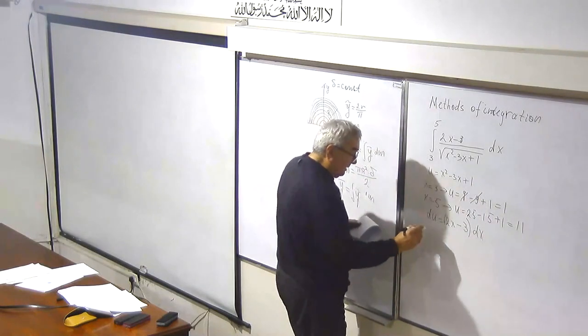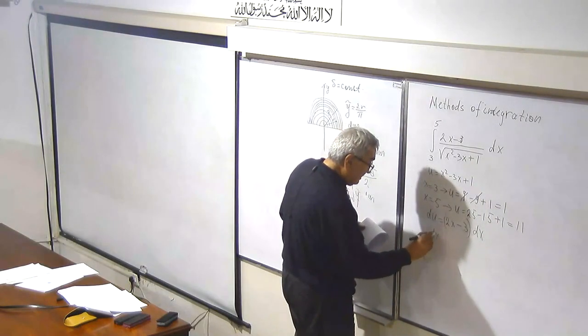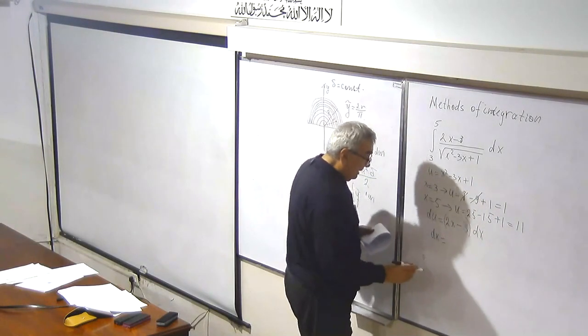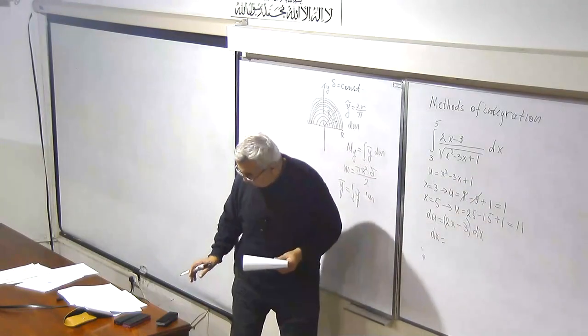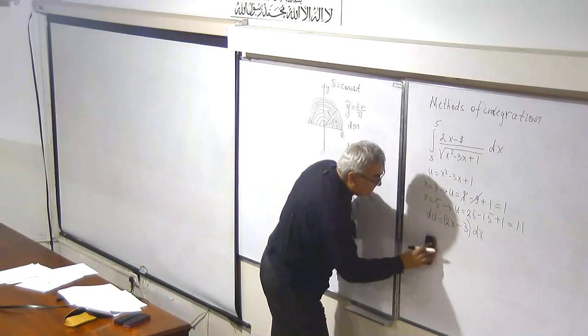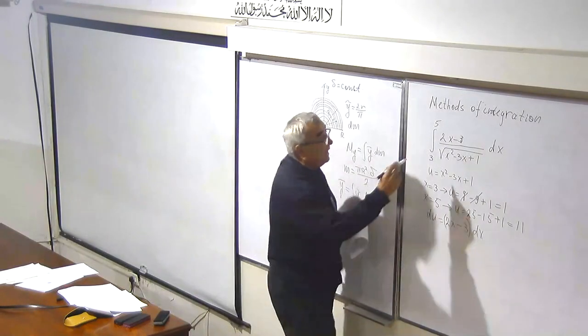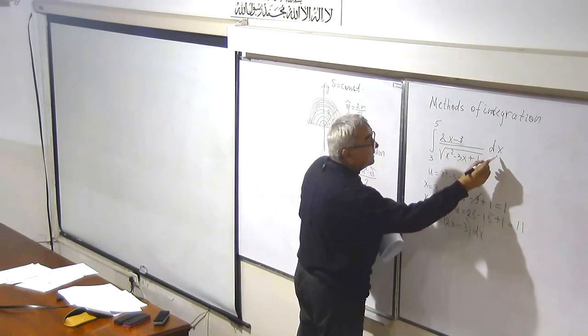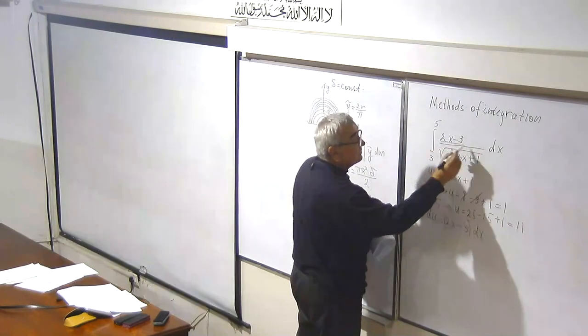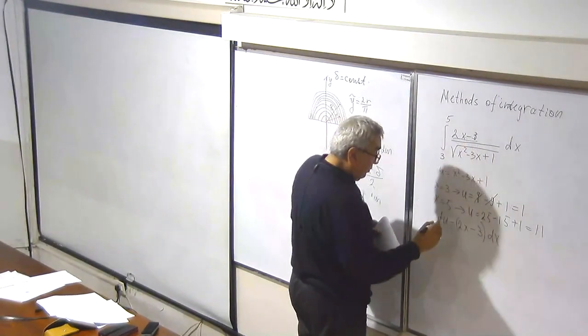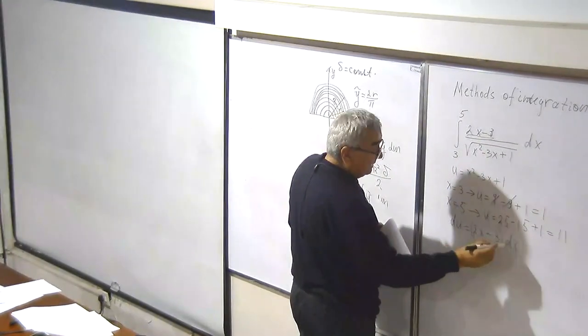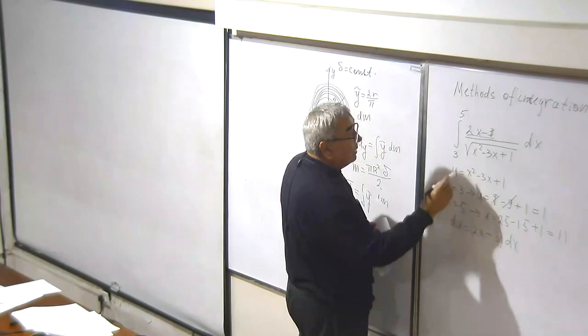It is not necessary to find dx, because it is possible to see very easily that 2x minus 3 dx is exactly du.